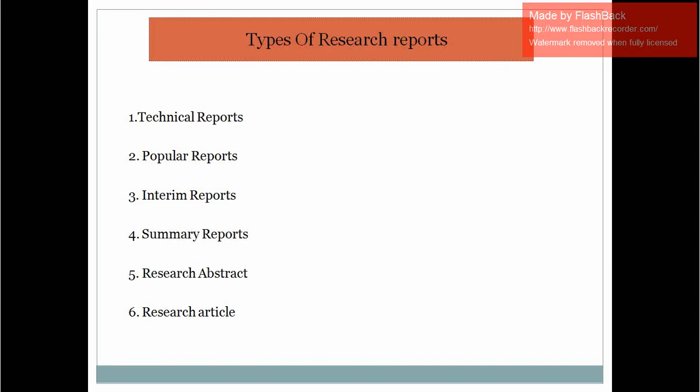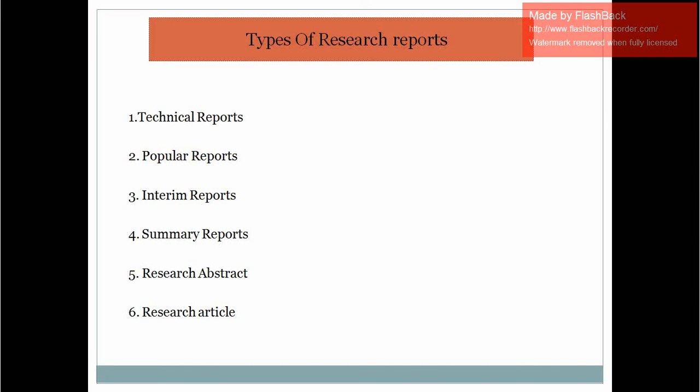Next one is the research article. This is designed for publication in professional journals. If a study has two or more aspects that can be discussed independently, it may be advisable to write separate articles rather than crowd too many things into a single article. Again, these research articles can be prepared by doctoral students or whoever is in the field of research.